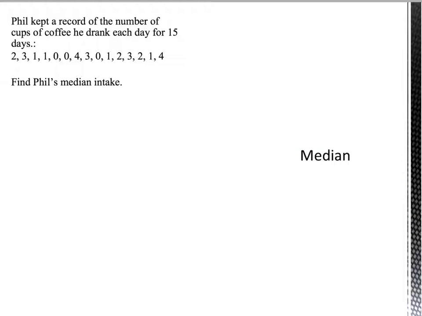So when we look at Phil's coffee, we're going to find the median of that. 2, 3, 1, 1, 0, 0, 4, 3, 0, I'm sorry, 0, 1, 2, 3, 2, 1, 4. We're going to put that in order. So the first step is to order it. 1, 2, 3 zeros. Then there are 1, 2, 3, 4 ones.